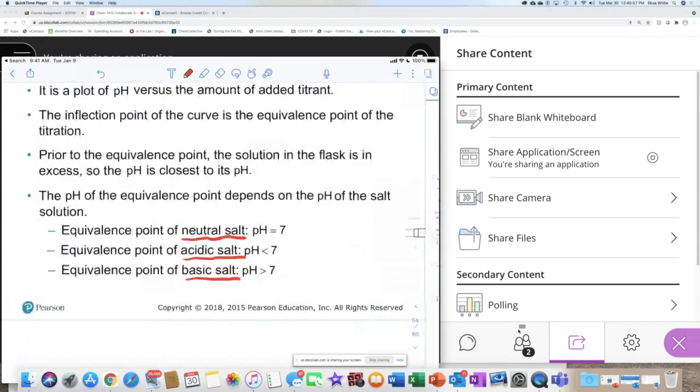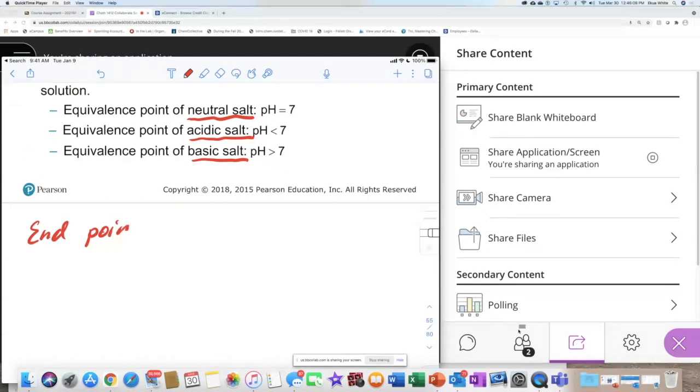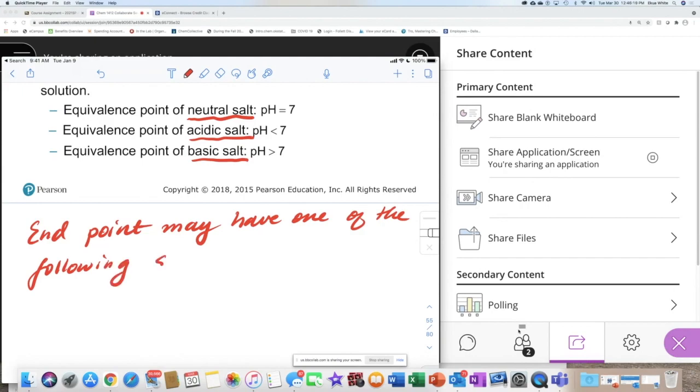And once again, since you guys are just introduced to this, I try to keep it simple, right? Depending on the combination of your acid and base, the end point may have one of the following salts formed. Okay, our endpoint.